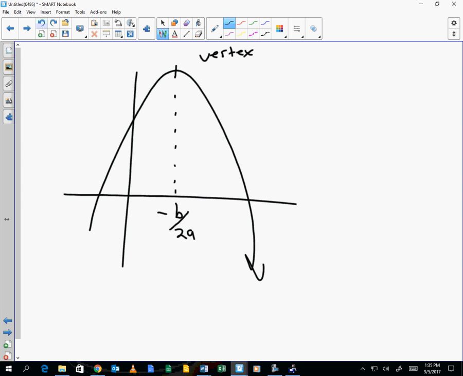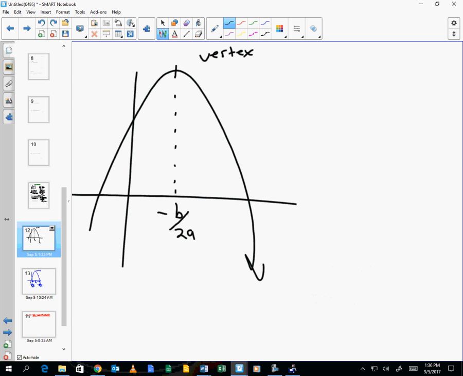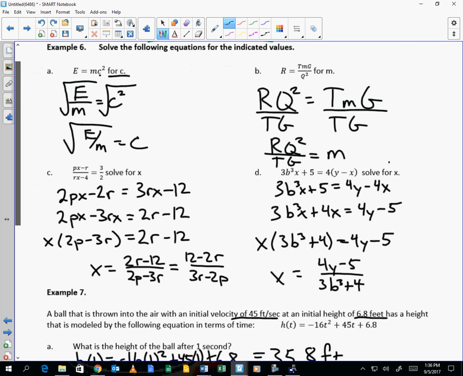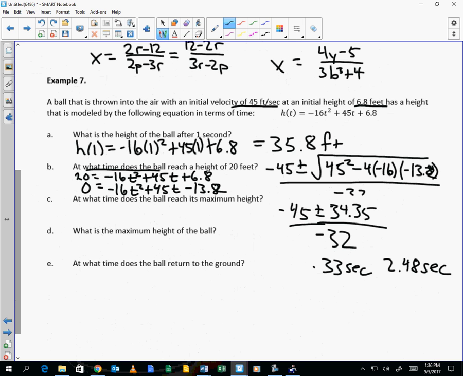What's the formula I use to figure that out? It's right here, folks. It's part of the quadratic formula. So we're going to do negative b divided by 2a. And what's negative b? Negative 45.